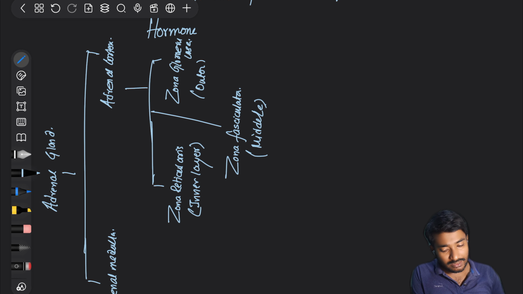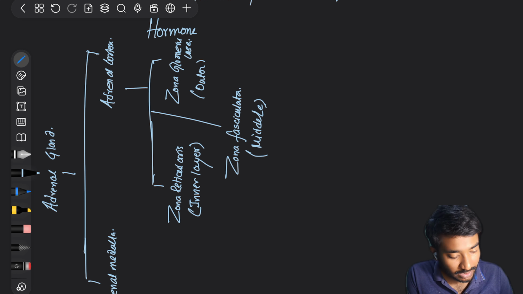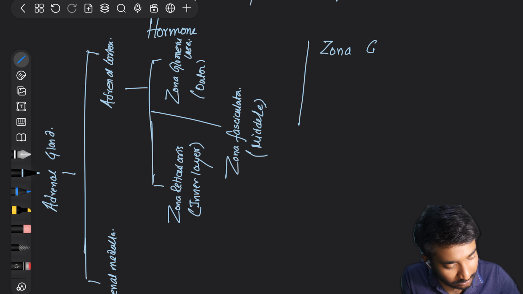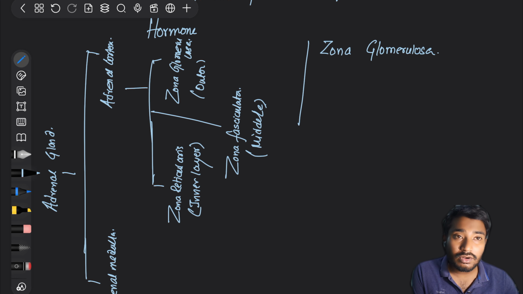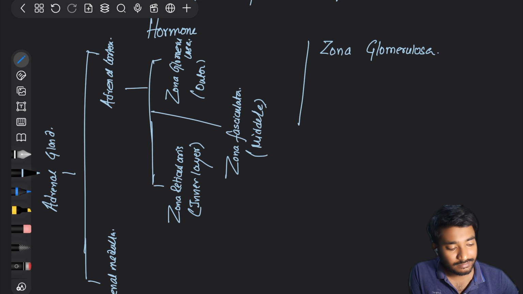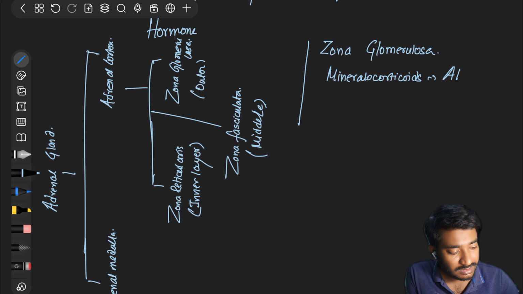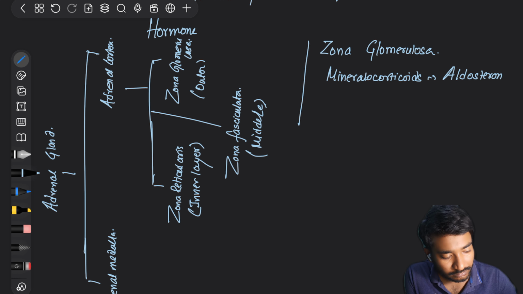In zona glomerulosa, the main mineralocorticoid, aldosterone, is secreted.